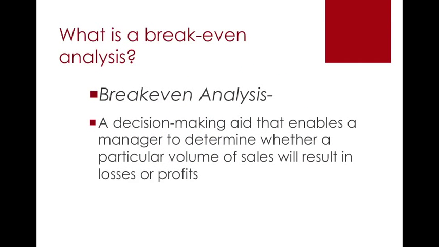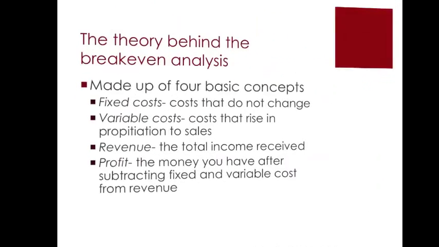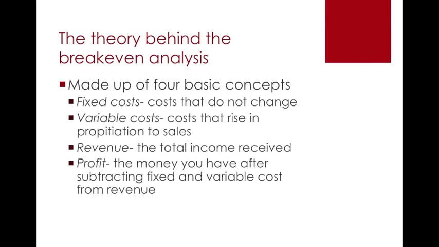So really, it's a decision-making aid that enables the manager to determine whether a particular volume of sales will result in losses or profits. And in some cases, the analysis is done to determine whether or not you're going to go ahead and produce this product in the first place. So the idea is that we have these 4 sets of costs or revenues.